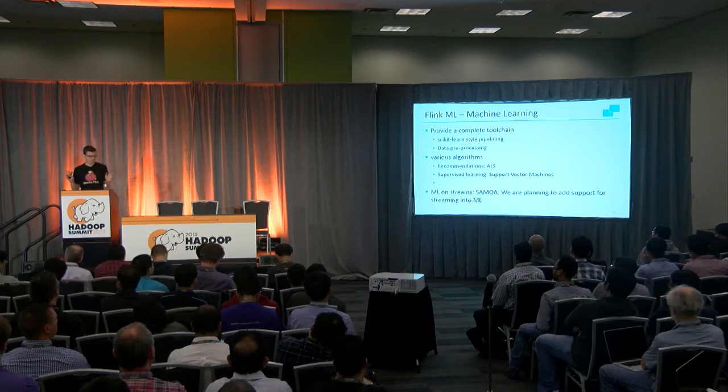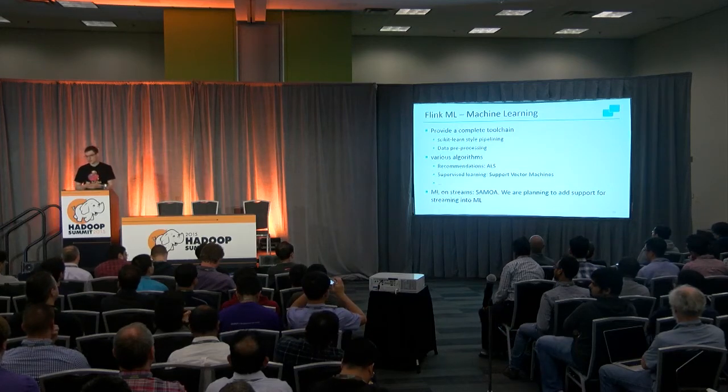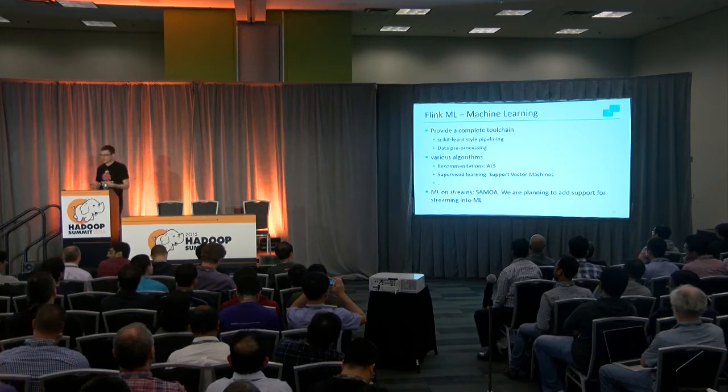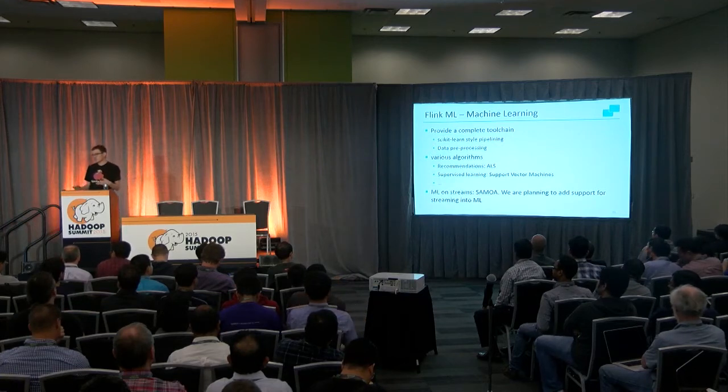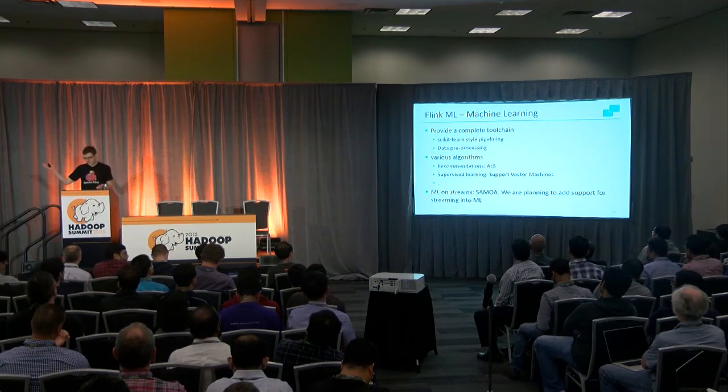We'll also provide utilities, for example for data pre-processing and for loading your data from various formats. We are starting to add more and more algorithms to it. For example, the ALS algorithm that I've just shown is contained in the library. We also have support vector machines there, and we'll add more.